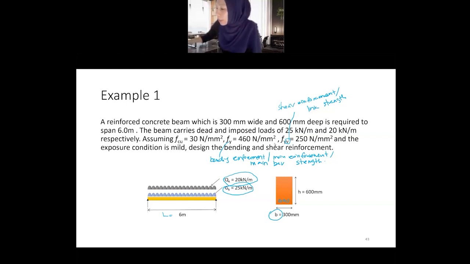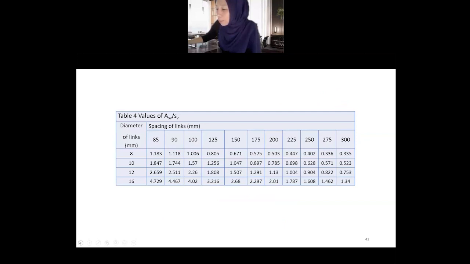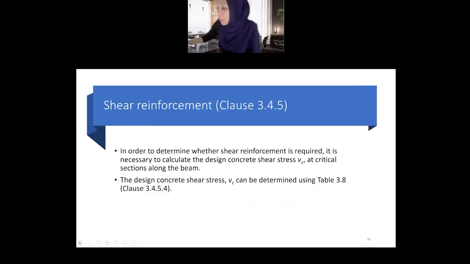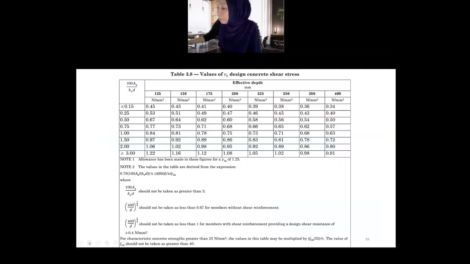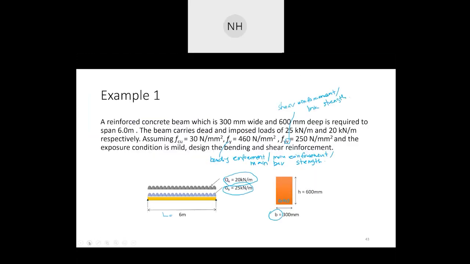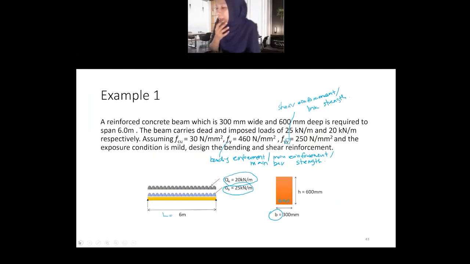Okay, it's stated here exposure condition is mild. See here, we have this table that we can refer, okay. So, kita dah tahu dia punya c daripada that table, it is 25 mm.